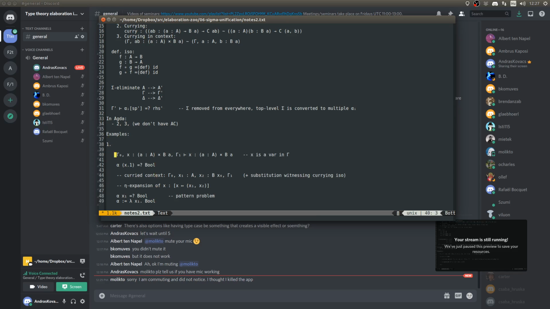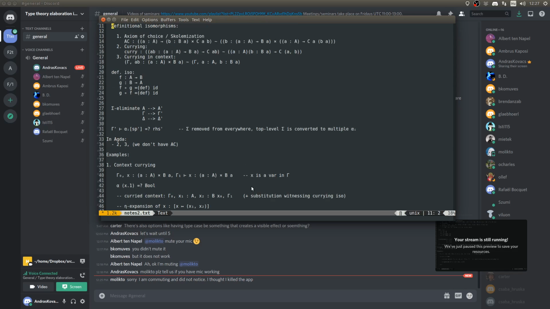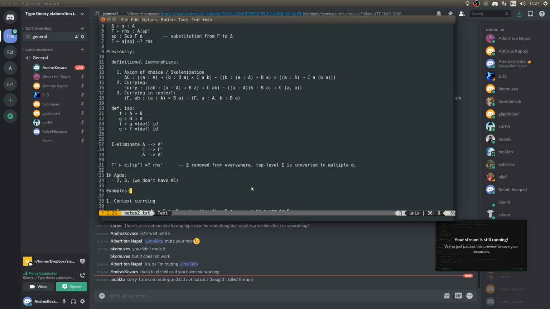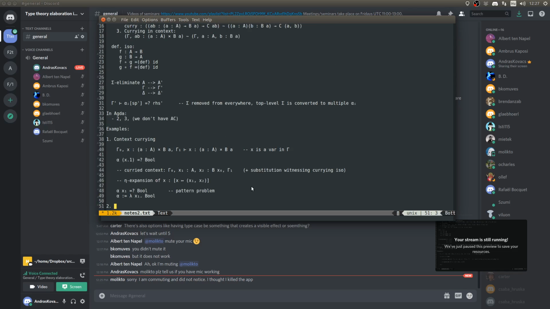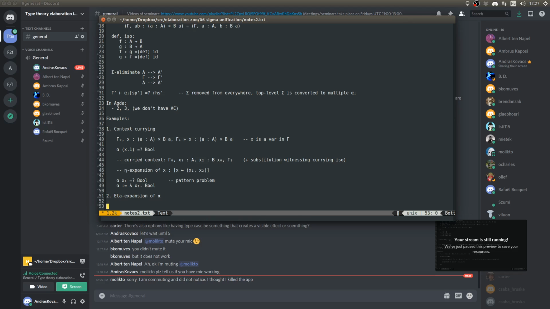Okay, so let's call this the first example for context currying. And let's do an example also for currying for eta expansion of the meta, eta expansion of alpha.